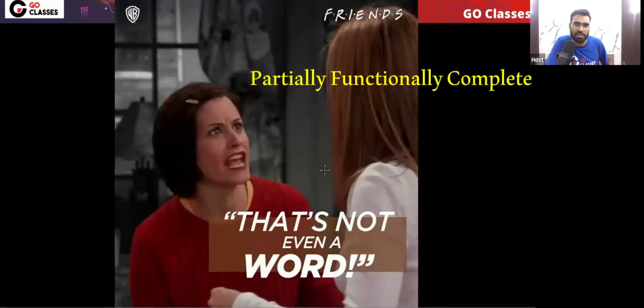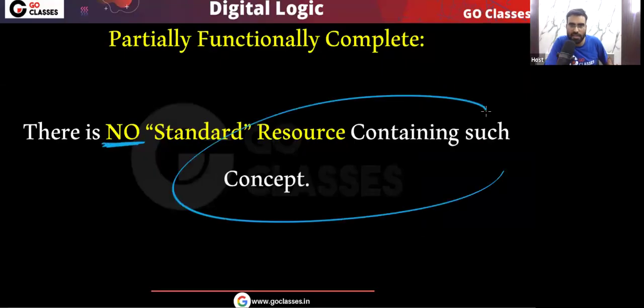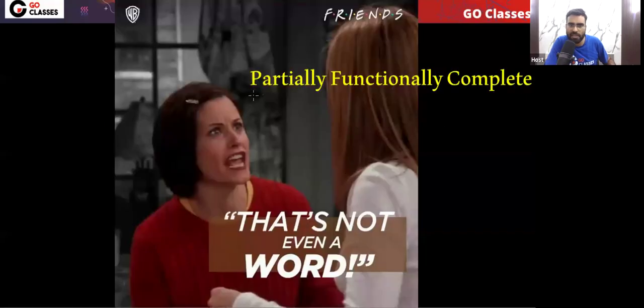There is no standard book, no standard university, no standard resource which contains this concept, this word partial functional complete. So remember, there is no standard resource containing such a concept.